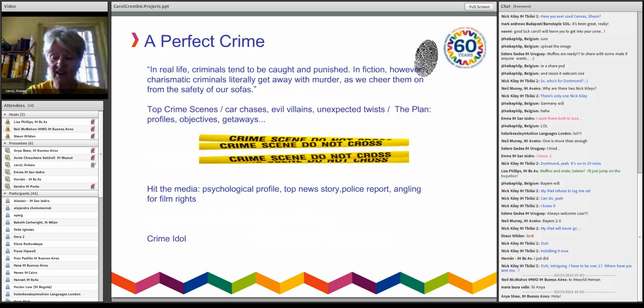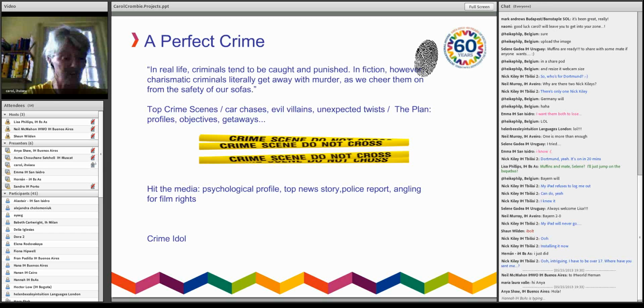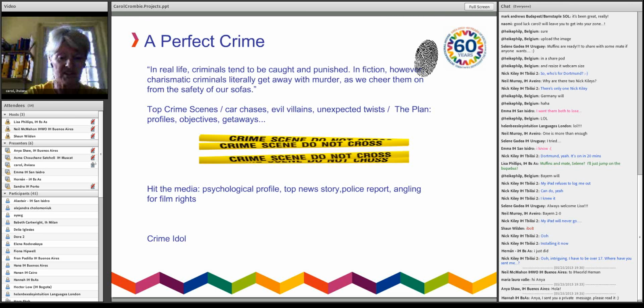Okay, before I go on to waffle a bit more about how we go about actually assessing these, I thought we could just talk through how a project actually works in practice. What we've got here isn't a full project, but some little snippets of a double A4 side that the students would actually get, just to give you a little bit of a flavour. Starting off with some tasks to get students' heads into the zone of whatever their topic is. So we have here the quote at the top: in real life, criminals tend to be caught and punished.